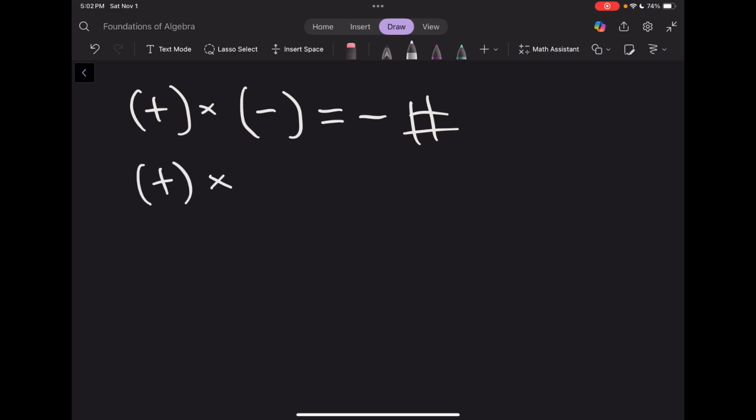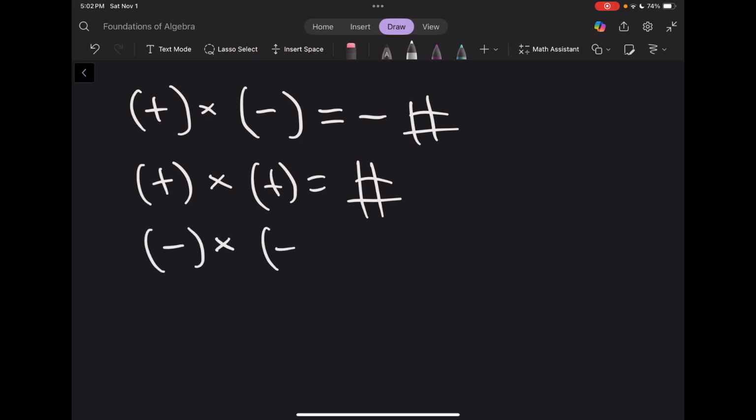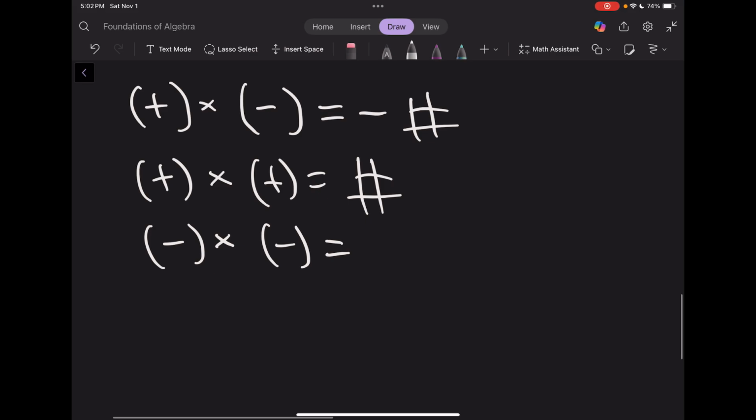And as we know, positive times positive gives me a positive number. And a negative number times a negative number is also going to give me a positive number.